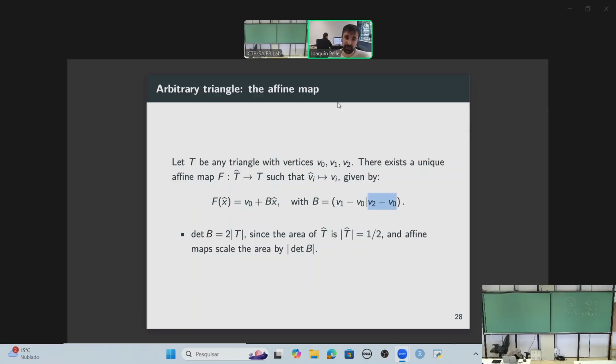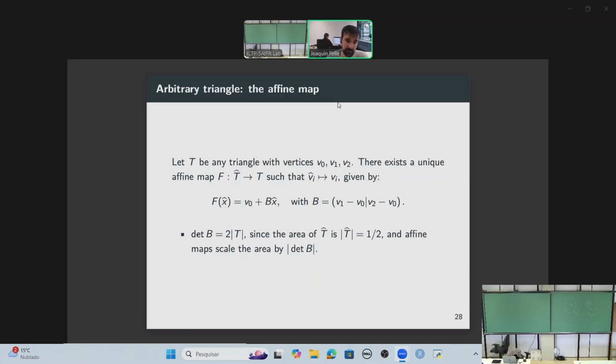So if we think we are in R2, this is essentially a 2 times 2 matrix. And now we want to see what the properties of this map are, so that we can translate our bound from the reference triangle to the arbitrary triangle.